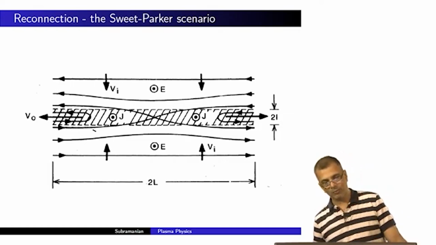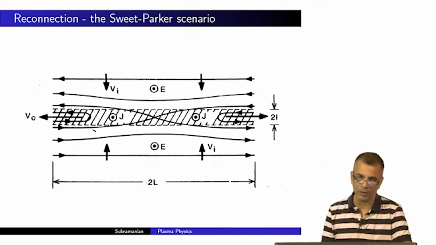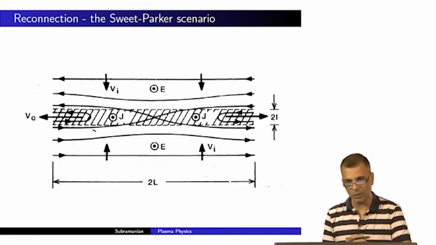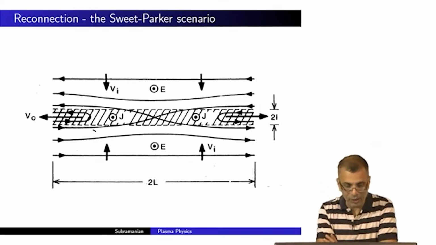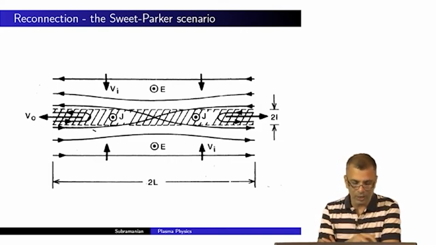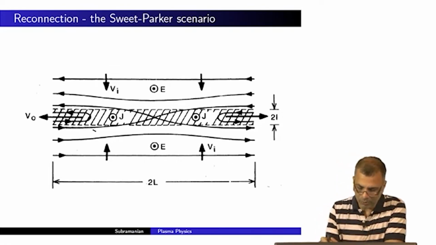So this is what's called the Sweet-Parker scenario, after the two scientists, Eugene Parker and Sweet, who almost independently came up with this particular kind of calculation, and it's all explained in this figure here. The basic details are the same as what we've seen earlier. So you've got two anti-parallel field lines.